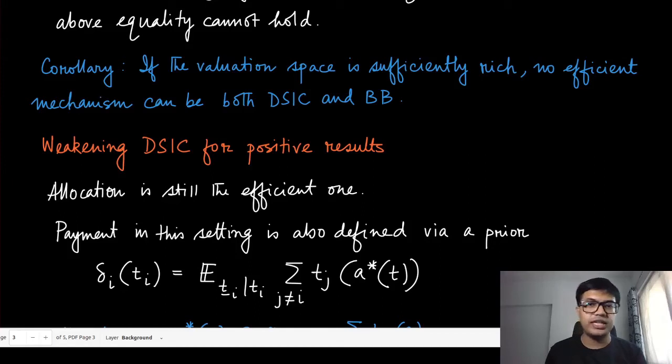Now, how should we get around this impossibility result? One of the early attempts to bypass this result is to weaken the condition of DSIC. DSIC is a much stronger condition, but you can also look at something called a BIC mechanism, and we have seen that before.